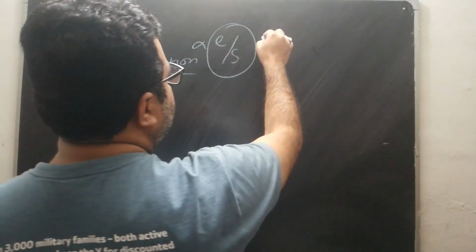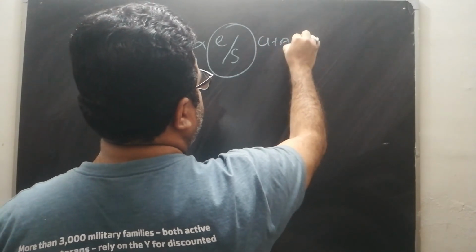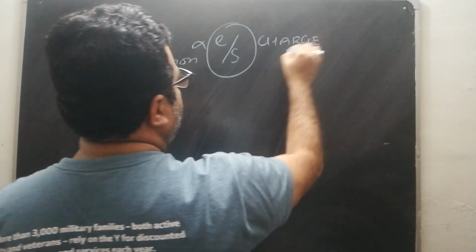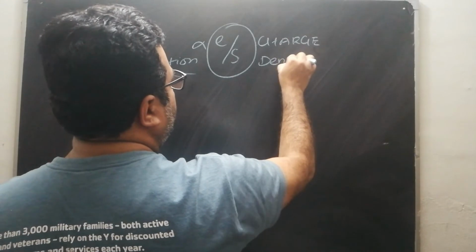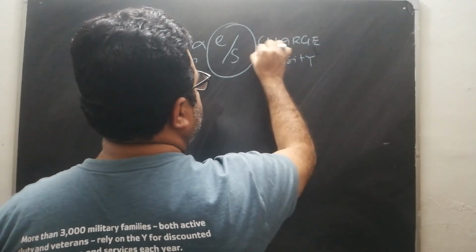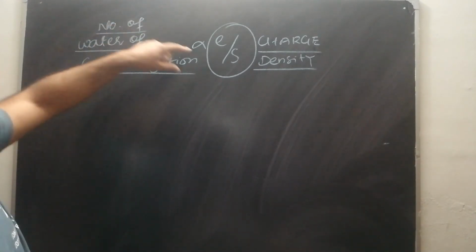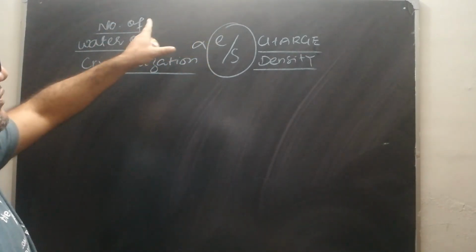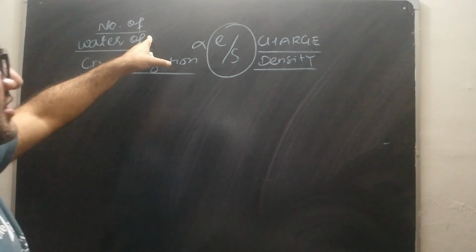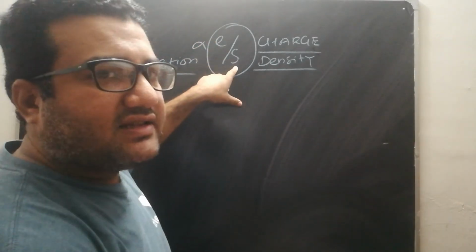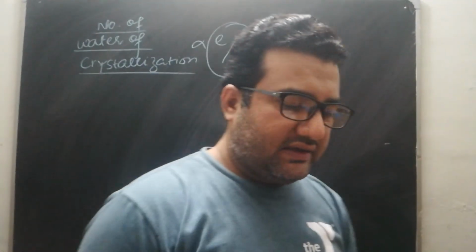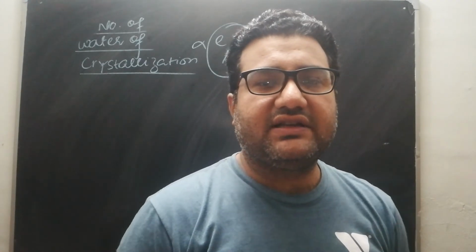And the ratio between charge and size is called the charge density. So the greater the charge of an ion, the more water molecules of hydration will be attached to it, and the smaller the ion is, the greater the number of water of crystallization attached to it.